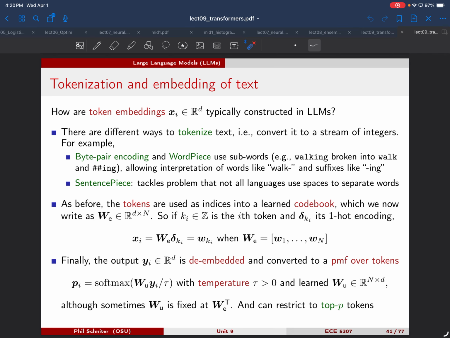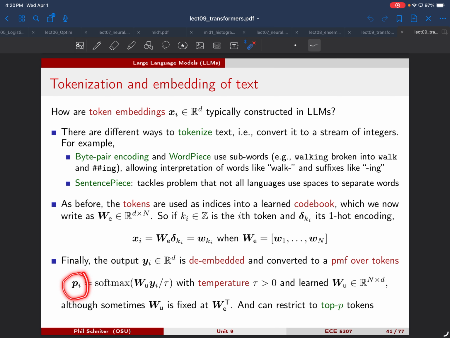Now, in some models, rather than learning this de-embedding matrix, they just set it as the transpose of the embedding matrix. So it's one less thing to learn, and in some cases that works well enough. There are other things you can do too. This vector will in general have all non-zero elements, but a lot of them will be very small.